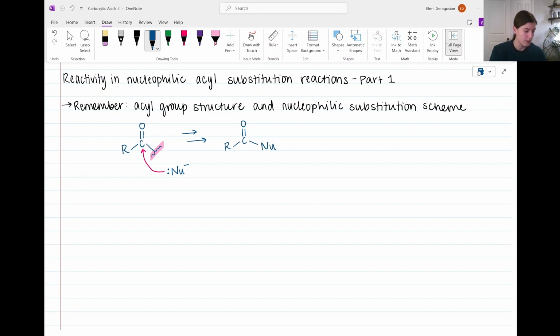So now let's look at general reactions for carboxylic acid and carboxylic acid derivatives, and then the reaction conditions that are needed for nucleophilic substitution to occur in those molecules. So we'll write a general reaction scheme.